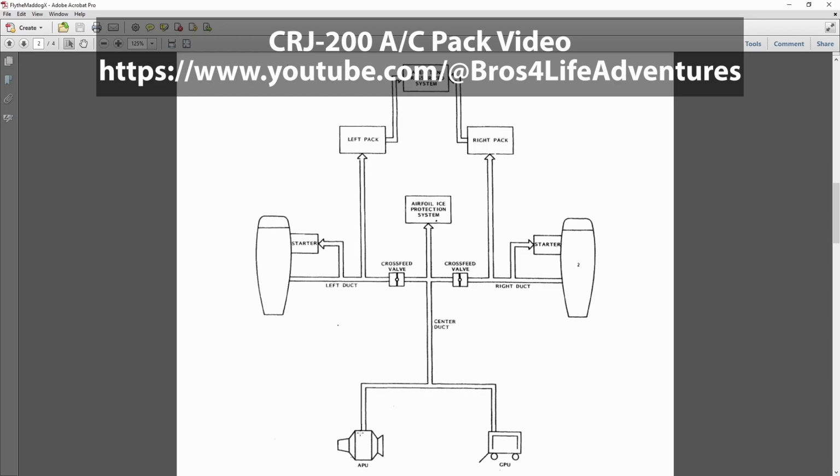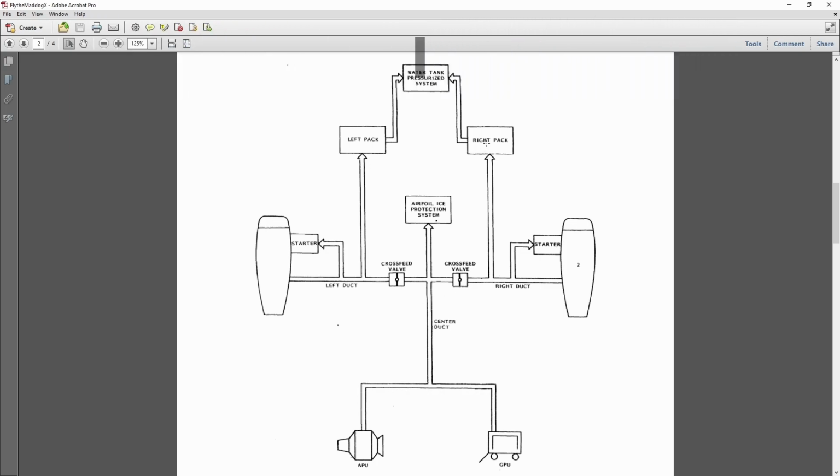Anyway, if we need to get air from the APU to the packs, we've got to open up some valves. So if we want the left pack available, we've got to open up the left crossfeed valve, and if we want the right pack available, we've got to open up the right crossfeed valve. If we want APU air to get to the engines for starting, we have to open up those valves. So you're noticing a theme here. If we need air from the APU, those valves need to be open.